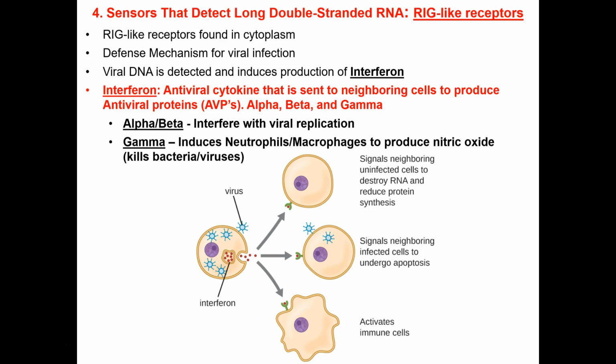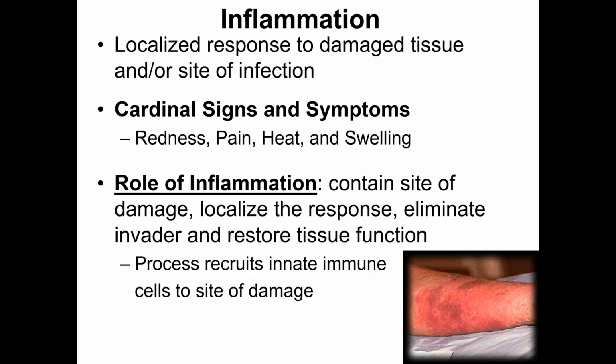So just prepping them. Interferon is produced when your cells are infected by a virus and secreted to warn neighboring cells and white blood cells of a virus in the vicinity. All right, so that's it for the sensor systems.